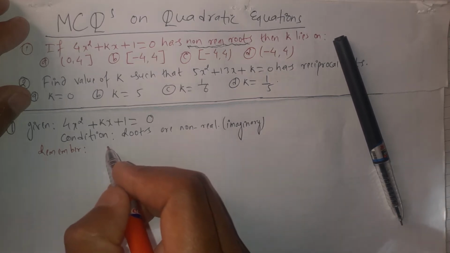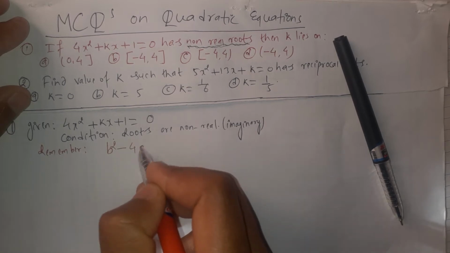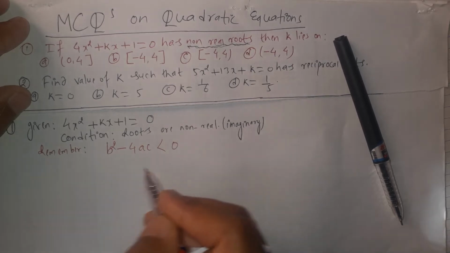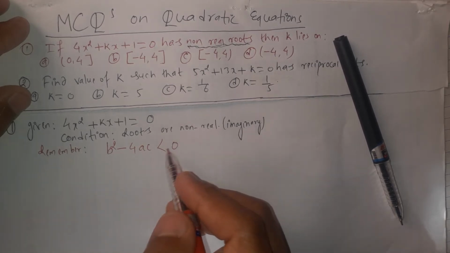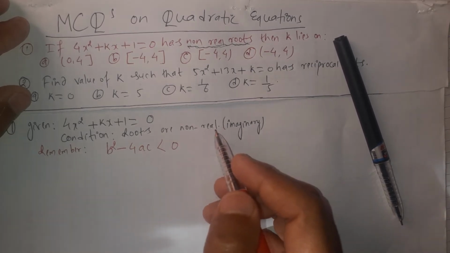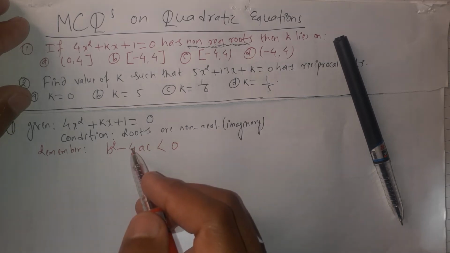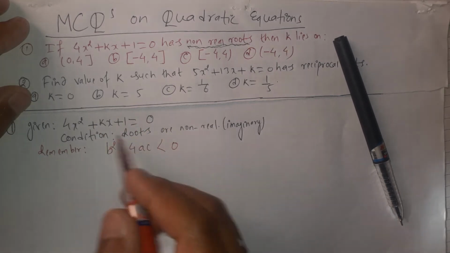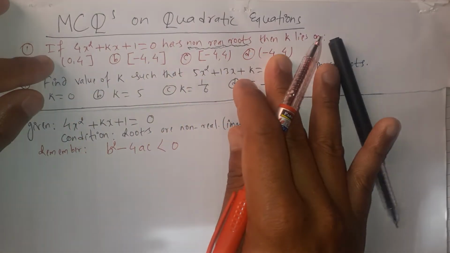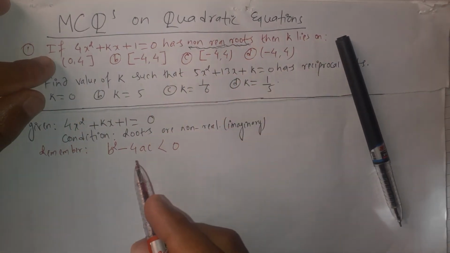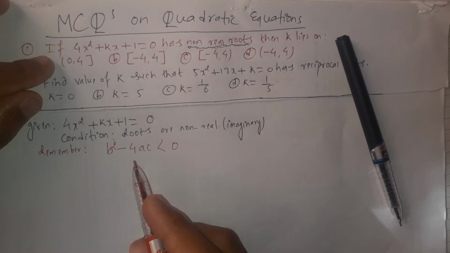The condition is b square minus 4ac is negative. I already made a separate video for the nature of the roots. Please first watch that video, then you can easily understand this process. I will put the link in the description box.